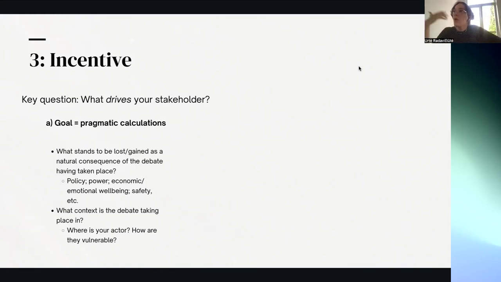But if we don't think about what are the real life implications under which a stakeholder has to make a decision, our case is not going to be realistic. So this question brings the debate to a real life scenario. So where is your actor situated and how are they vulnerable? How might their incentives be competing with one another?